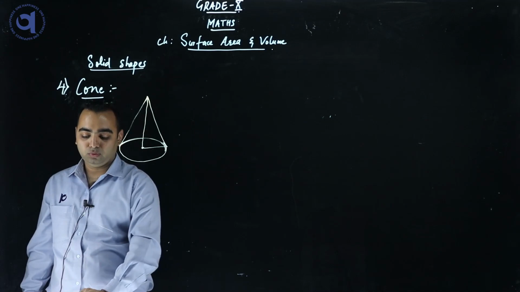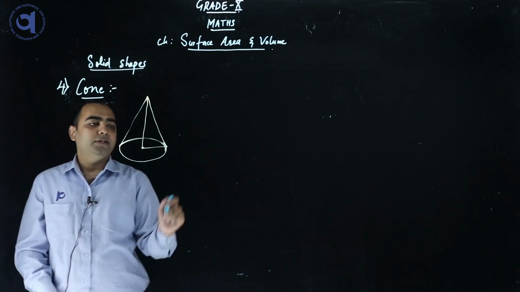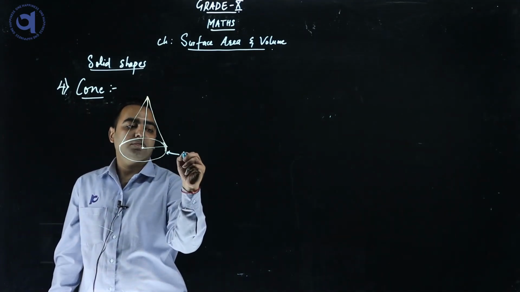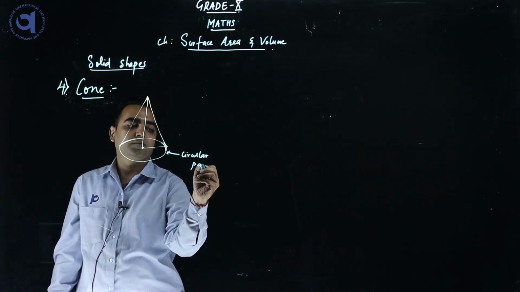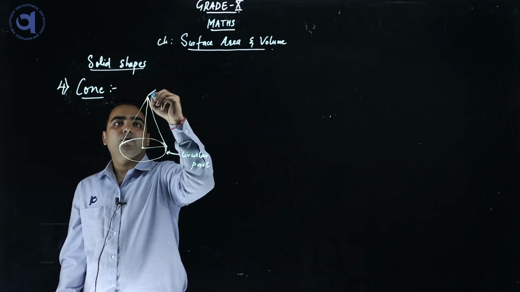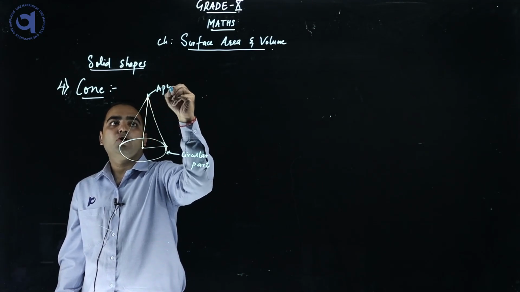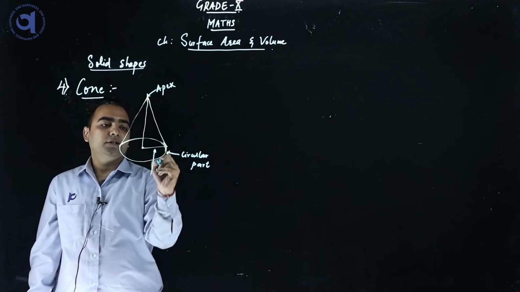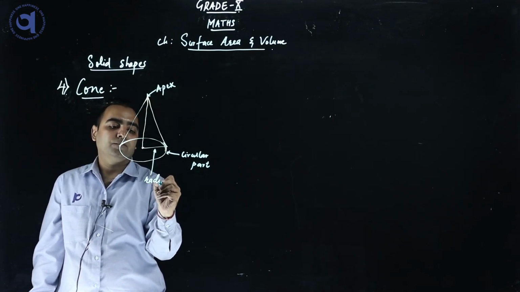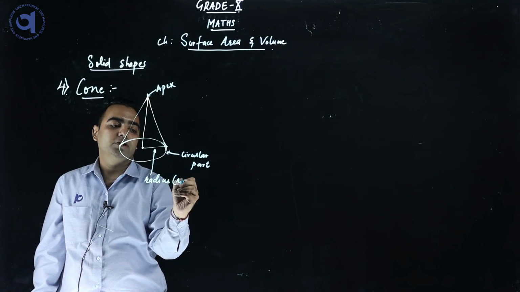So this is how a cone looks, where this will be its curved surface area or circular part, and this is called the apex, means top of the cone. Now here this part is said to be the radius, which is denoted by small r.